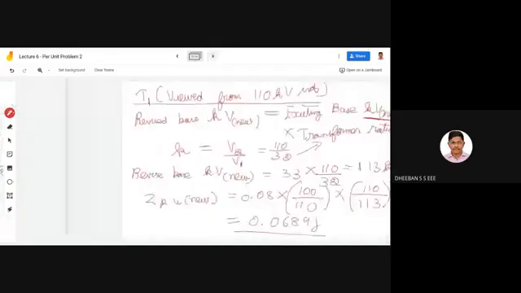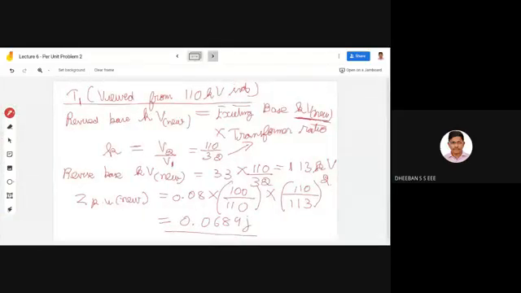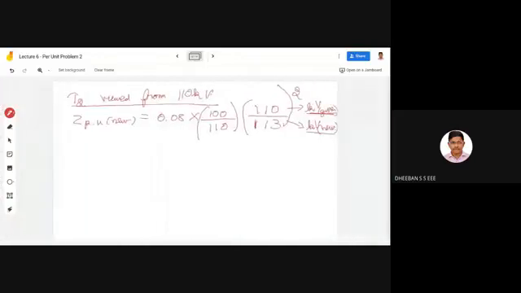You will be getting some confusion, but after completing this problem, go through it again so you can get a clear idea. Now the Z per unit new will be equal to, so what is the value we'll be getting? Same value, sir, 0.0689.